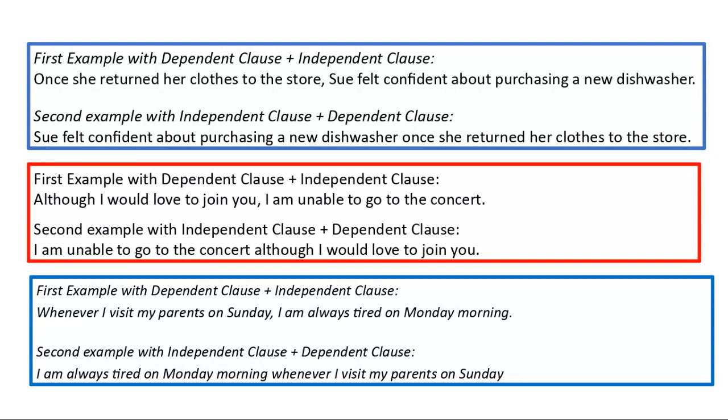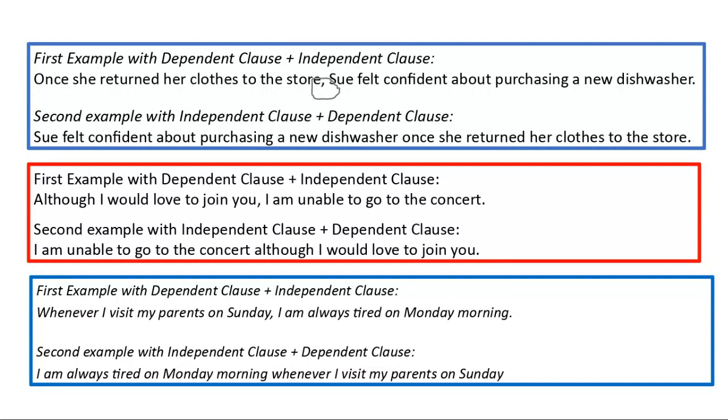Okay, so the difference between the two is the comma, correct? So in this case, where we have the dependent clause plus the independent clause, we have a comma here. I don't think you can see this gray very well. I'm going to move it to a different color. Okay. Now here down at the second example where we put the independent clause first and then the dependent clause, we didn't use a comma.